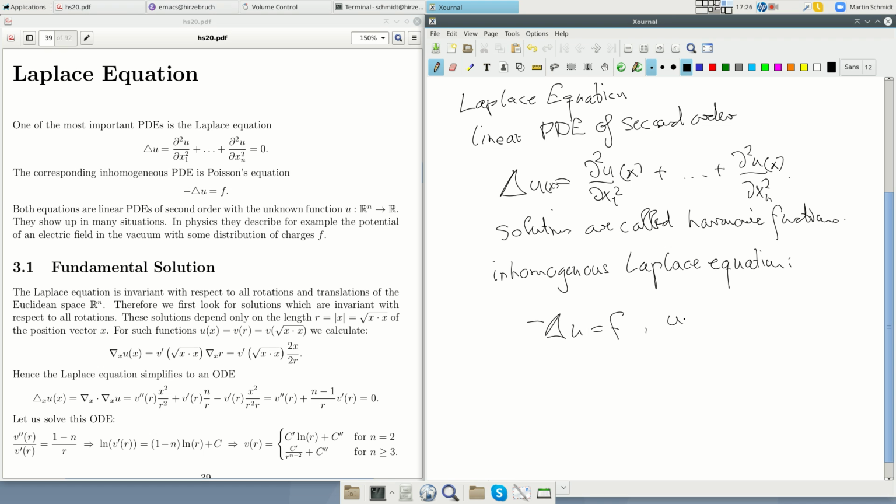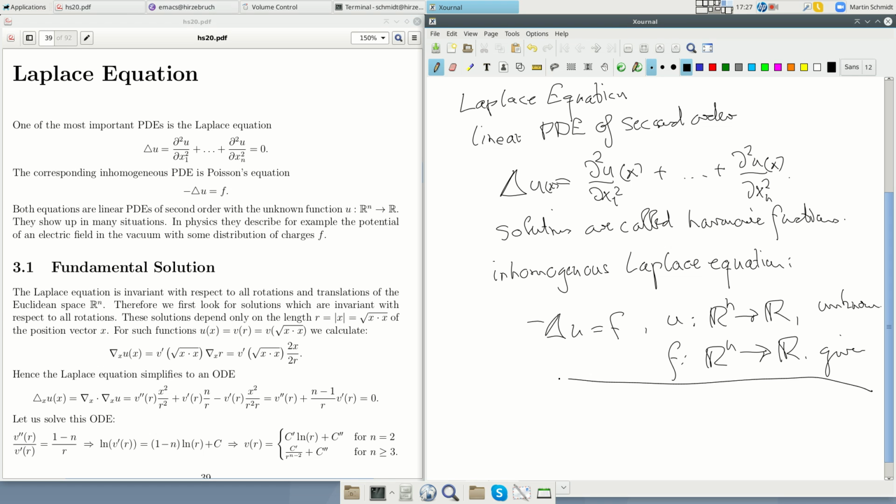So u, the unknown function, is some real function on Rn or some domain. And f is also some real function on the domain, the inhomogeneity. This is given and this is unknown. Typically, we look for solutions of this equation for a given inhomogeneity f. This is the main subject of chapter 3.